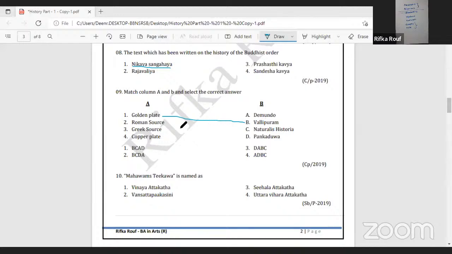So what is mentioned in that Vallipuram golden plate? Now you know King Vasabha is a ruler who ruled the country in a very properly regulated manner. He divided the country into provinces and appointed a minister to each province.